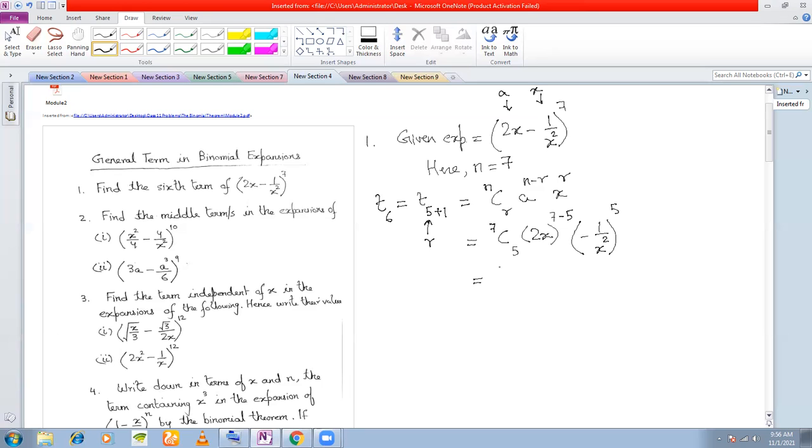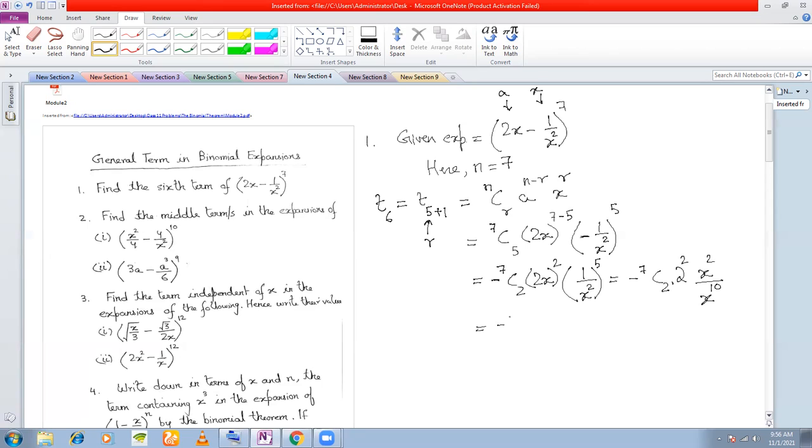So 7C5 is the same as 7C2, and this is (2x square). Because the negative sign has been raised to an odd power, I can take the minus sign out and simply write this as (1 by x square) to the power of 5. So this is minus 7C2 into 2 square x square divided by x to the power of 10.